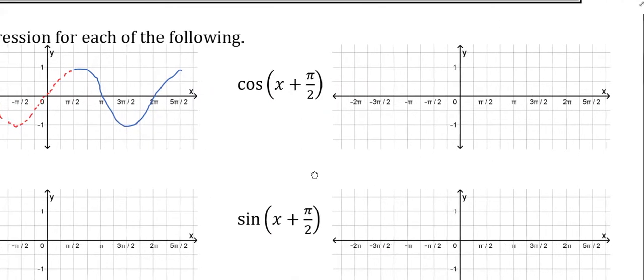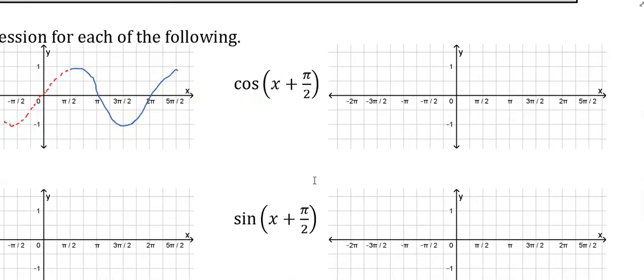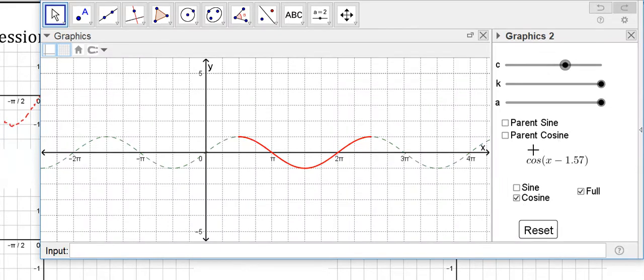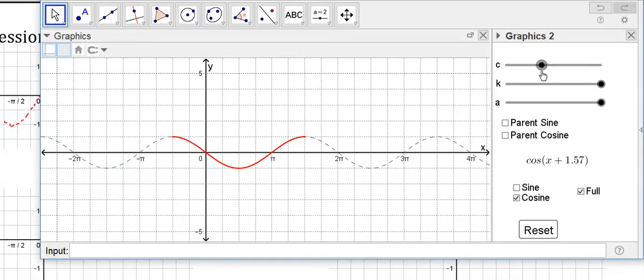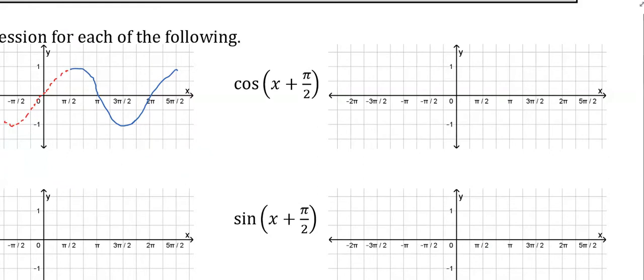Okay, what about cos of x plus pi by 2? Go back to our nifty little tool here, and we put cos back to where it usually is, and I'm going to shift it to the left by pi by 2. And what graph is that? Negative sine. Very good. Again, you could come up with other ones, but that's the one that we want.